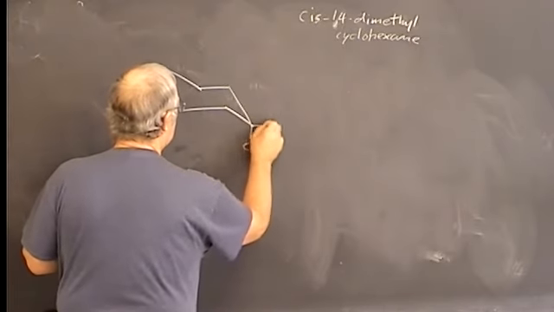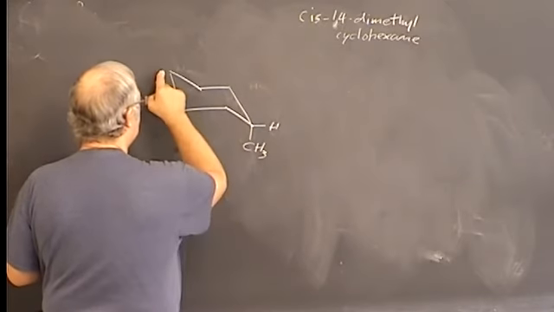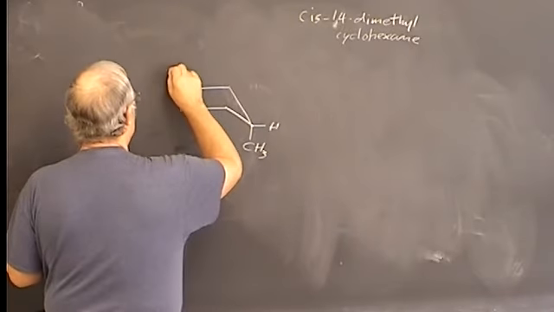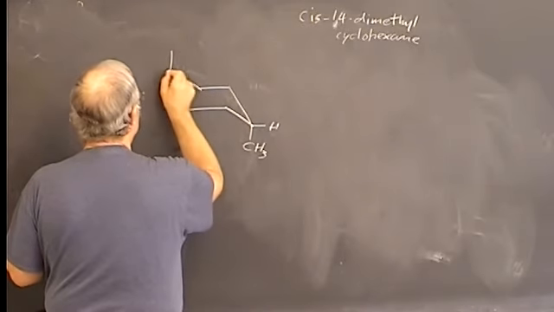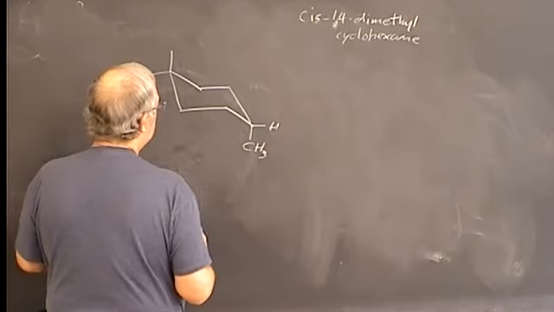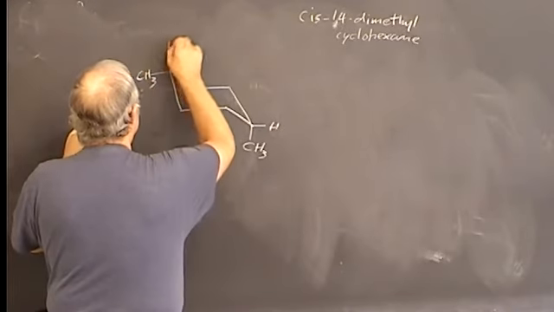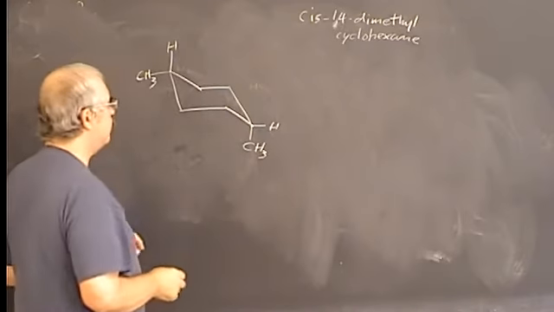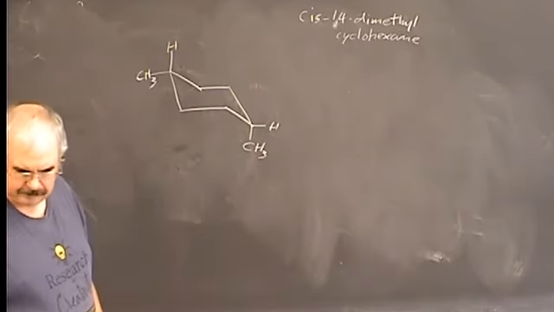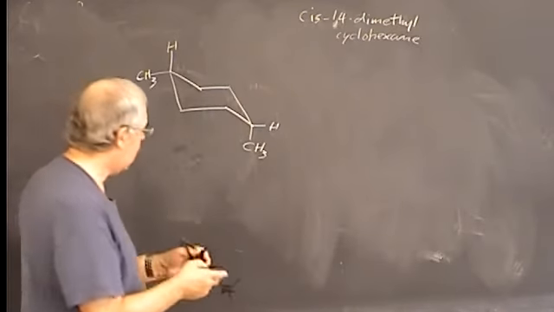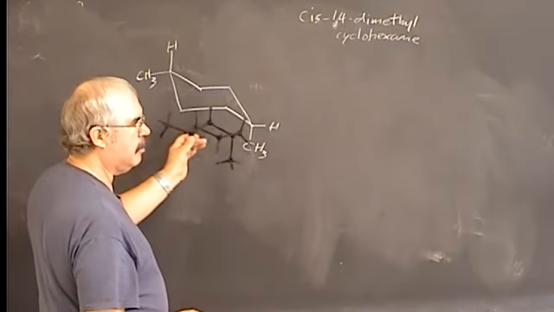Okay, so we'll have a hydrogen here that is equatorial. So 1, 2, 3, 4. So we'll have an axial and I'll have an equatorial. And for this to be cis, methyl needs to be on the bottom. Okay. So this is cis 1,4-dimethyl, and we have one axial, one equatorial methyl.